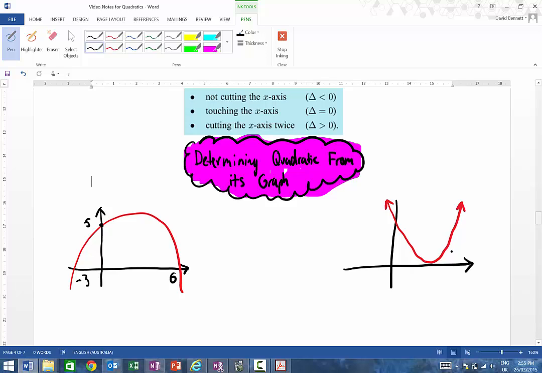Now, the two equations that we need to relate to, the two forms.